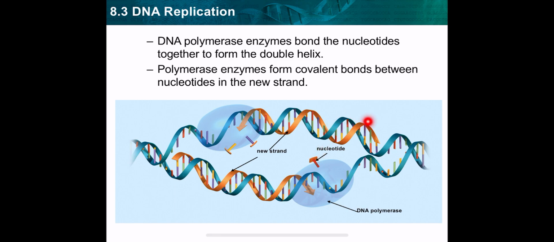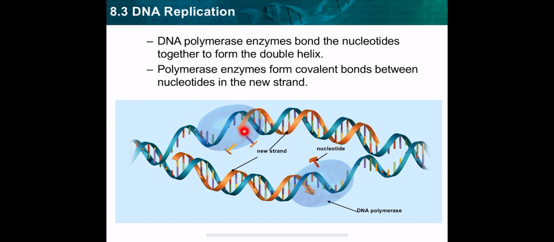So by adding the nucleotides and by binding the two strands together by hydrogen bonding through the bond between bases, the DNA polymerases also form covalent bonding to form a new strand.